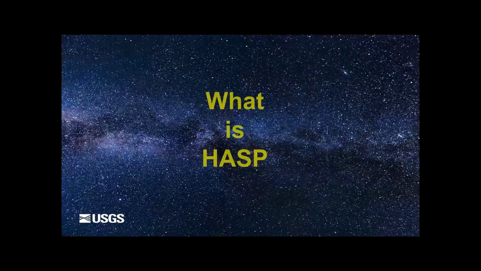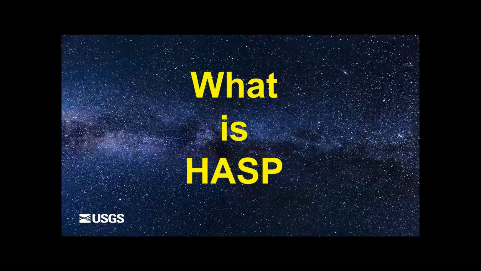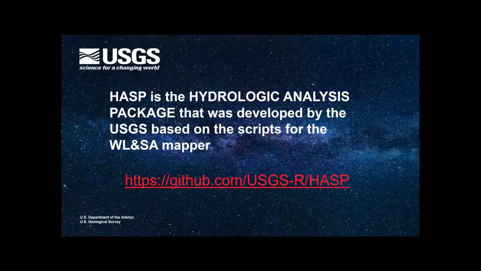So what is HASP? HASP is the hydrologic analysis package that was developed by the USGS based on the scripts for the water level and salinity analysis mapper. So the same scripts that were used to create those graphs that you saw for that website and all the tables and all the information for that website has been turned into an R package that's publicly available.